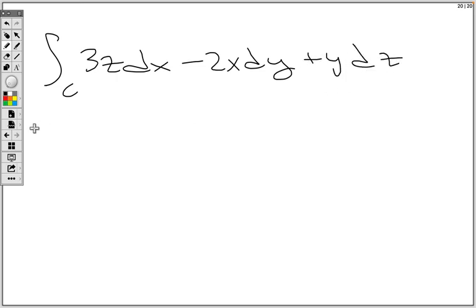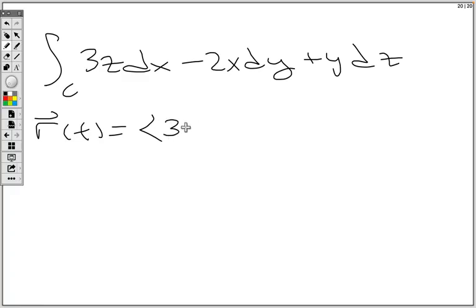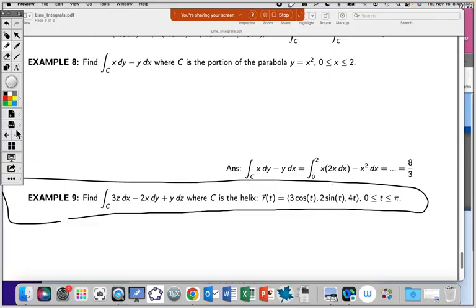And the curve C is this helix, 3 cosine t, 2 sine t, 4t. So it's an elliptical helix, and t runs from 0 to pi.